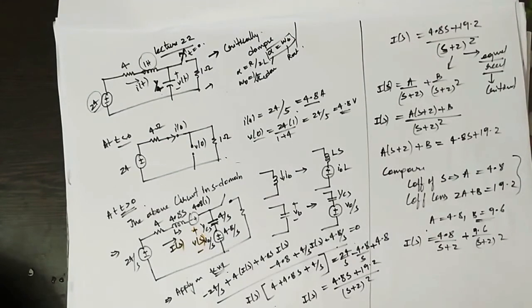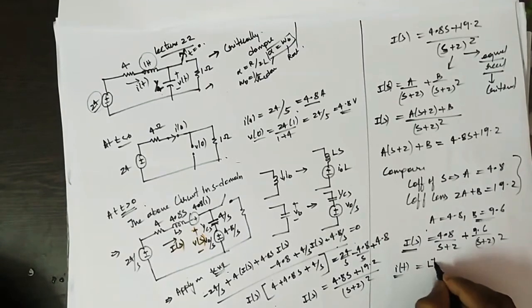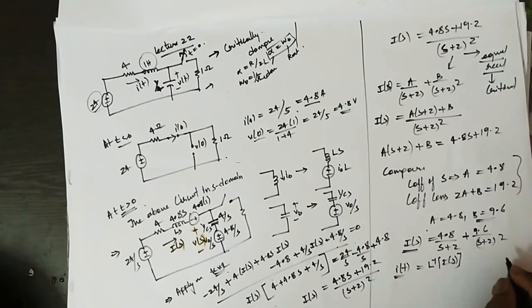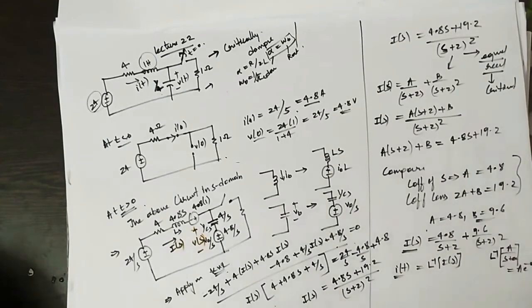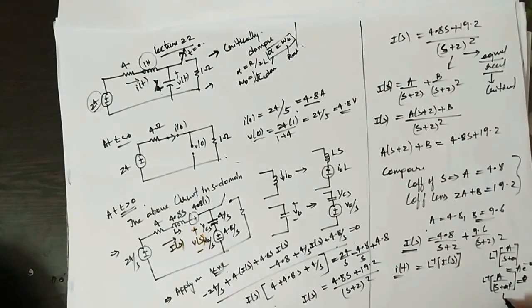Now you need to do the inverse Laplace of this. To get I of t, we need to do the inverse Laplace of I of s. In this, we will use the inverse Laplace of A by s plus a equal to A into e power minus at, and the inverse Laplace of B by s plus a whole square equal to t into e power minus at.